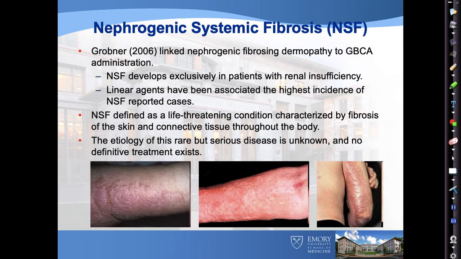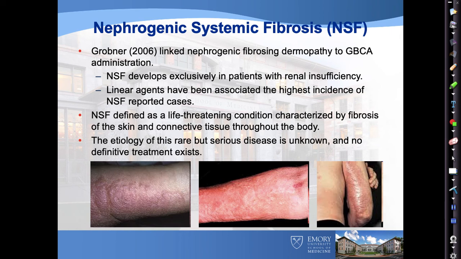Let's talk about NSF first. In 2006, Grobner linked nephrogenic fibrosing dermopathy, which is now known as NSF, to gadolinium-based contrast agents. NSF develops exclusively in patients with renal insufficiency.